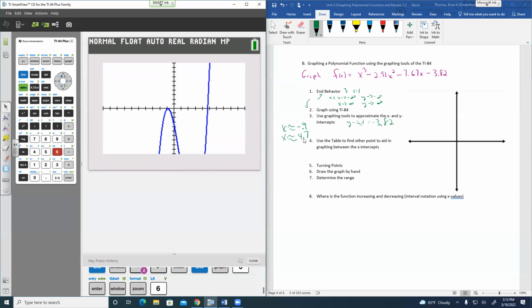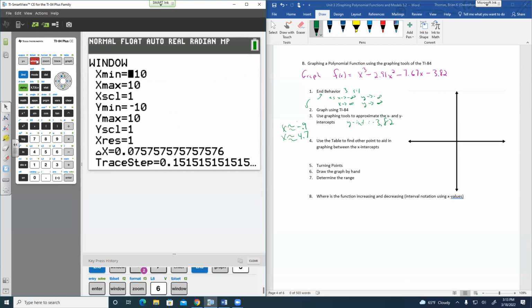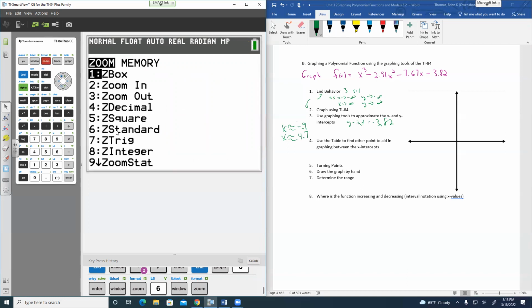And the other x-intercept is at 4.7, so that's between 4 and 5. That looks pretty darn close. So remember, to go back to a normal standard window, with -10, 10, 1, -10, 10, 1 for those basic tick marks, you have to hit zoom and number 6 to get back to the standard window. Okay.